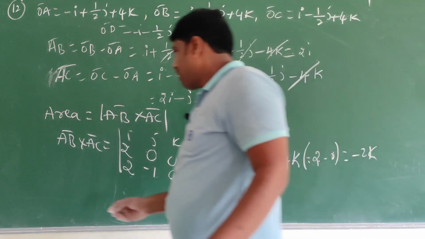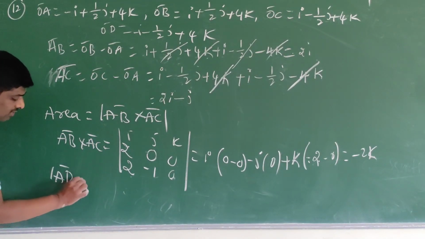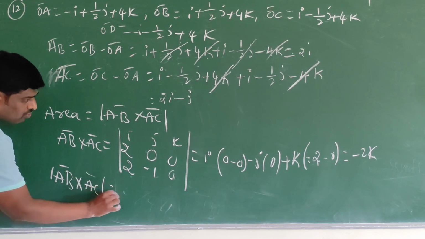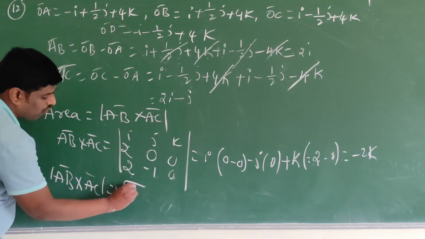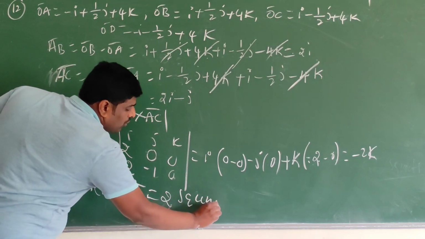The magnitude of AB bar cross AC bar equals square root of 4. Square root of 4 means 2 square units.